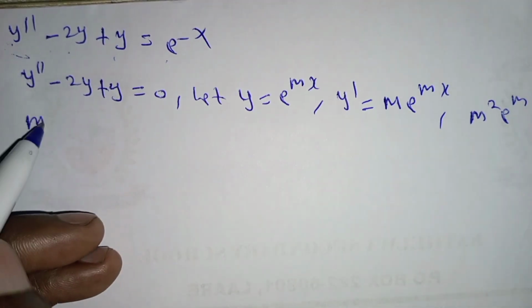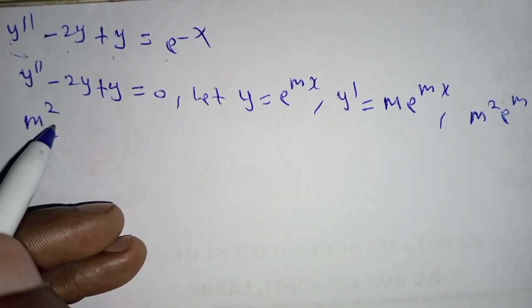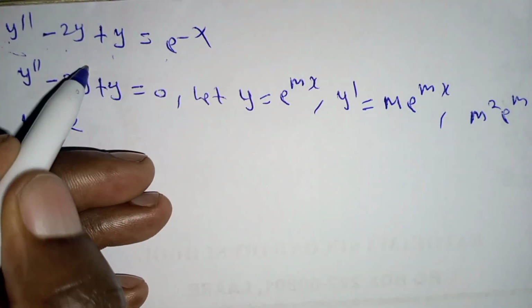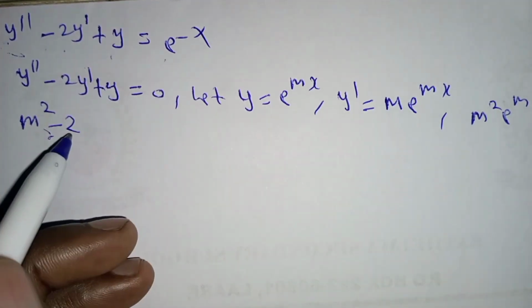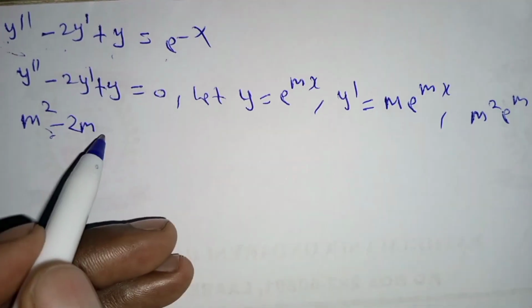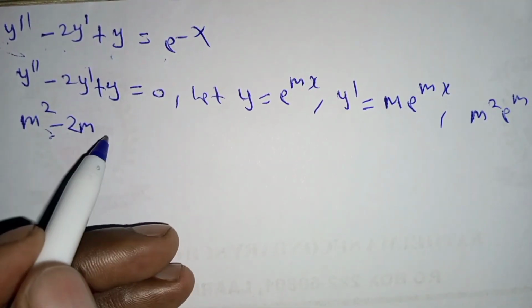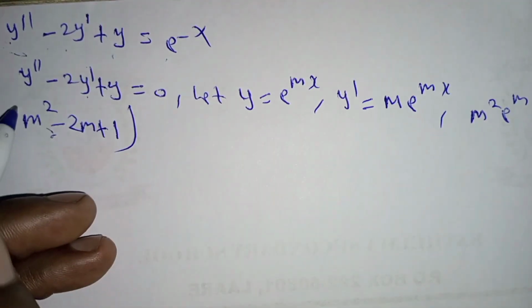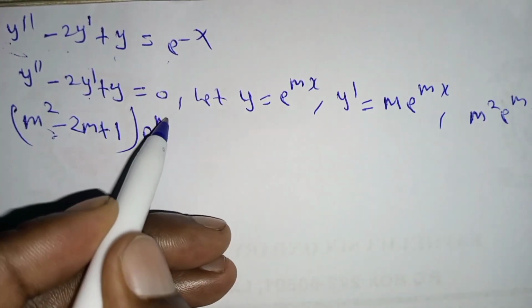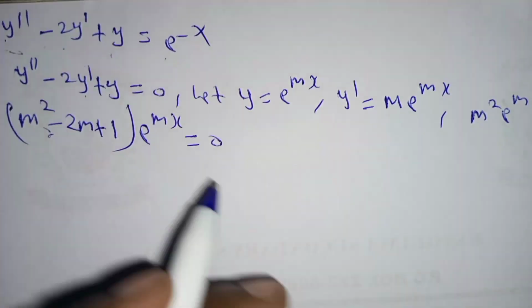Y double prime is m squared exponential mx, minus 2 y prime, and y prime is m exponential mx, so minus 2m, plus 1. We factor out exponential mx, and this is equal to 0.